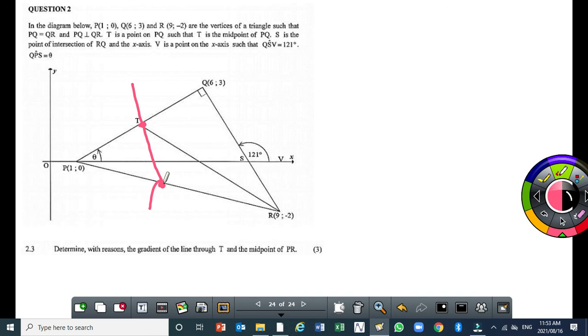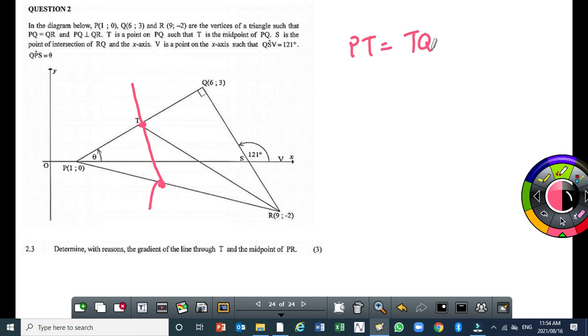Remember you did the midpoint theorem in grade 10. Don't forget that. You are in grade 11, you did the midpoint theorem last year. It's part of your Euclidean geometry. Therefore, if this is the case here, then we say PT is equal to TQ.